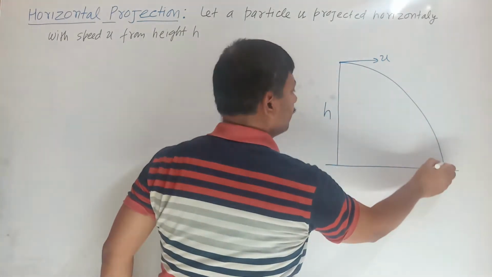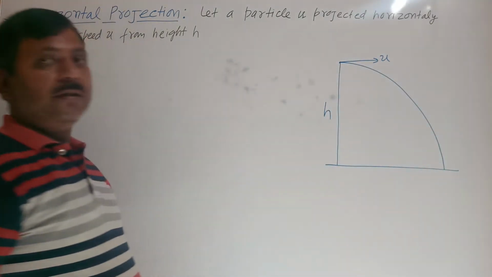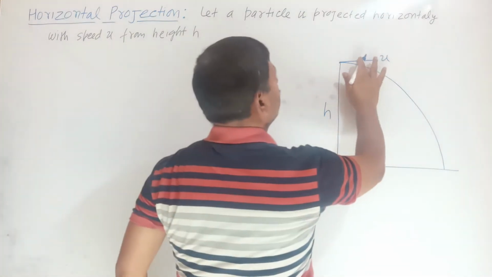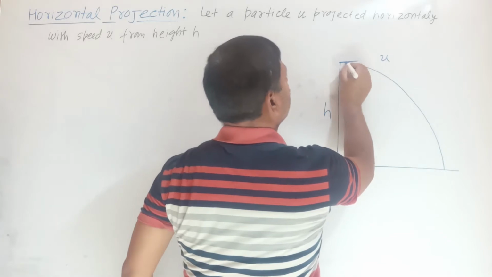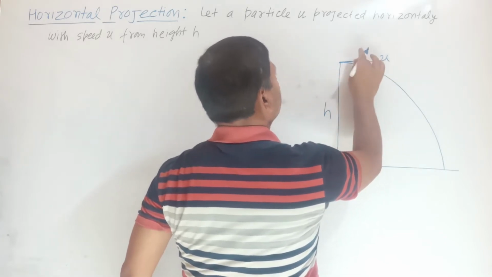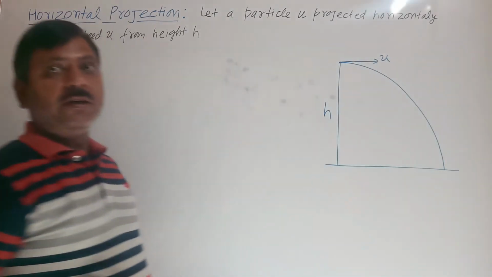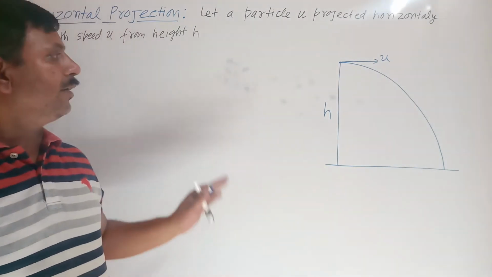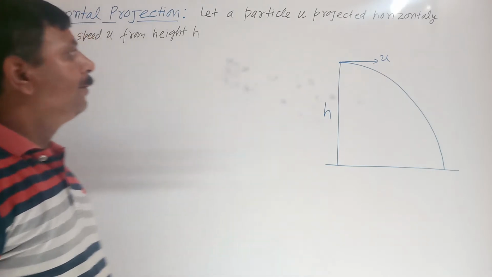This will be the path. So see here, what we have to find? We have to find the range, time of flight, and different things we have to calculate.